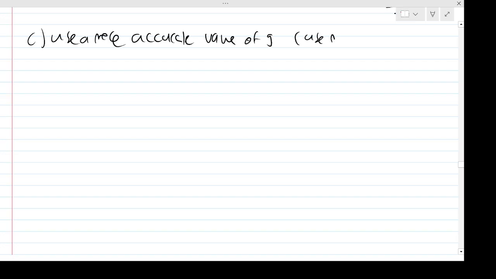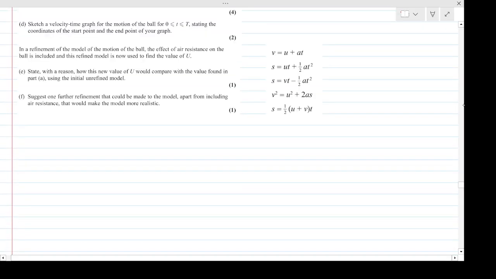So use more decimal places or something like that, right? And there we are.